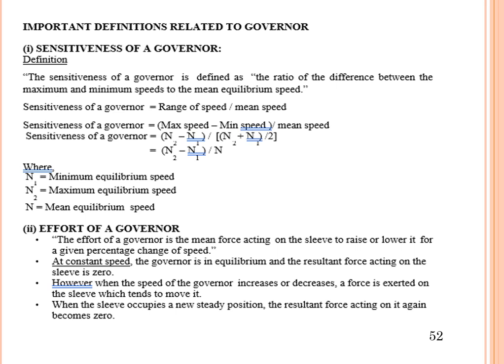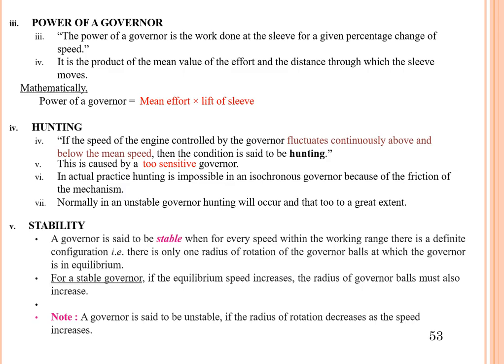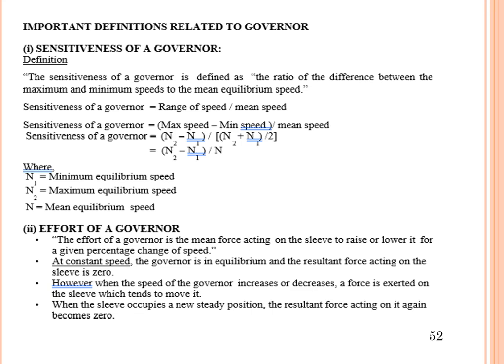Further, defining the important terms related to the governor: the sensitiveness of the governor is maximum speed minus minimum speed, divided by the mean speed. The effort of the governor is the mean force acting on the sleeve to raise or lower it for a given percentage change of speed.